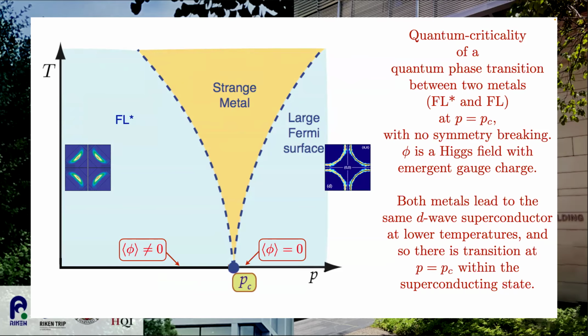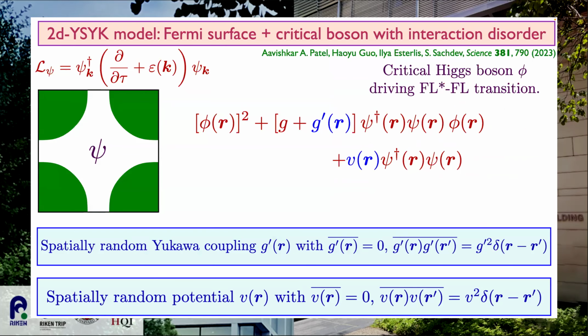All right, so you have to do a theory for this quantum phase transition. And the way you do it is you start from the large Fermi surface, you couple it to this Higgs field, but most important, it turns out, is the effect of impurities. The usual effect of impurities is a random potential, which can lead to electron localization. But here, such effects are quite weak. But it's the randomness in the coupling, the Yukawa coupling. Lots of Japanese names in my talk.